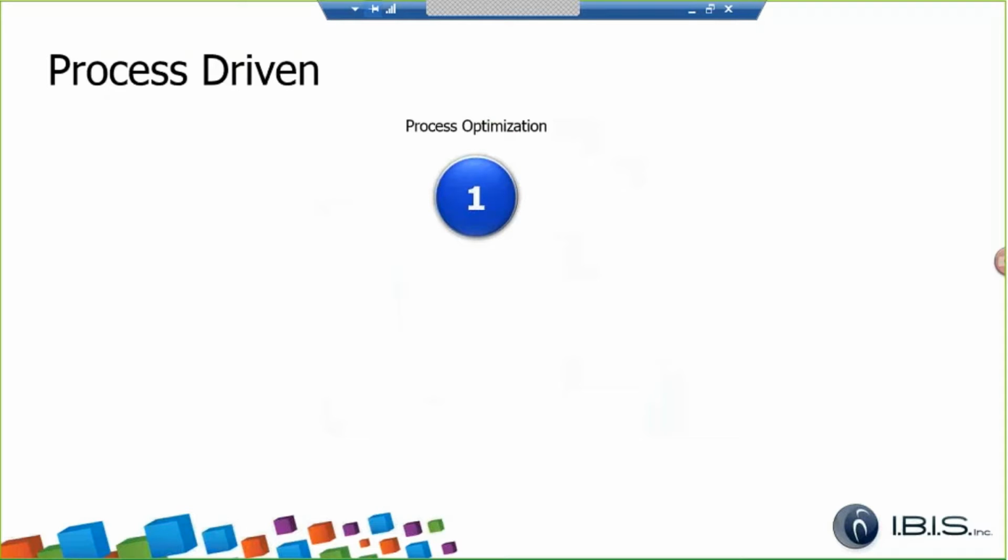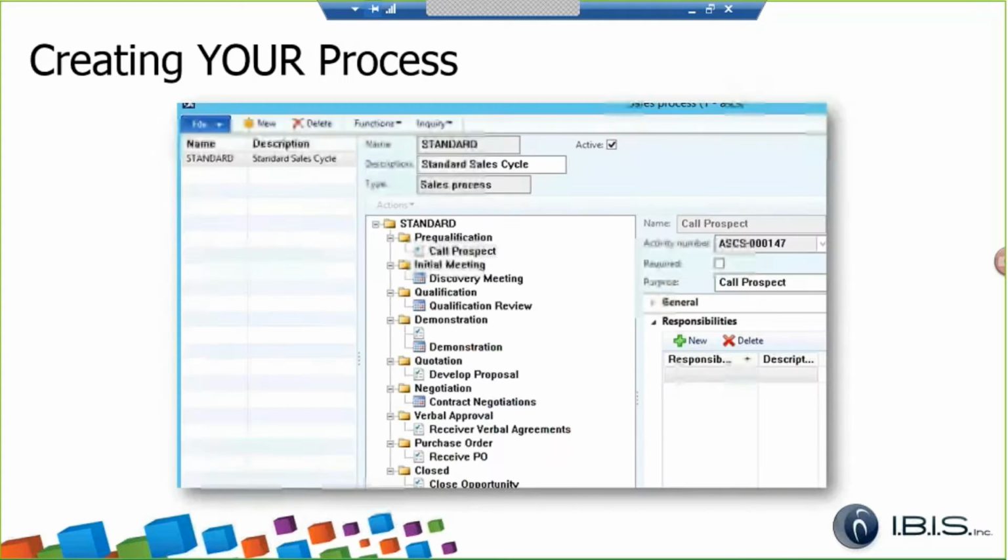So what is a sales process in AX? It can be described as a phased or organized approach to your sales pipeline or your sales process, starting with an opportunity and tracking different meetings, tasks, and actions to ultimately close the opportunity and win the business.